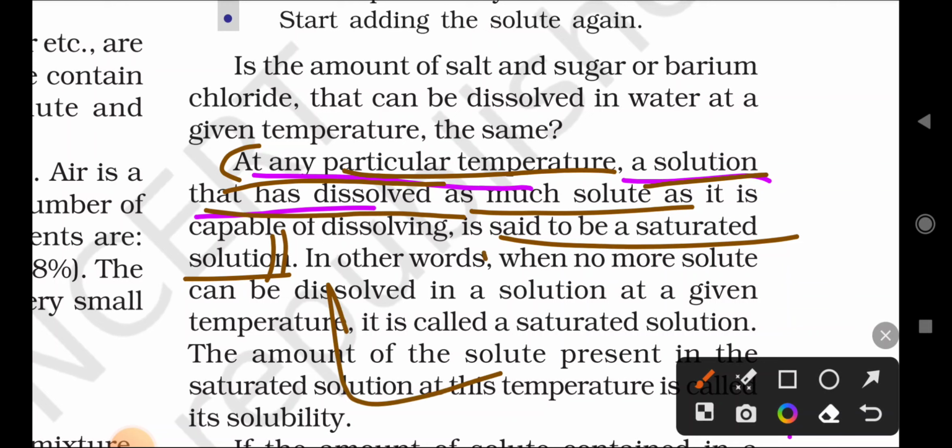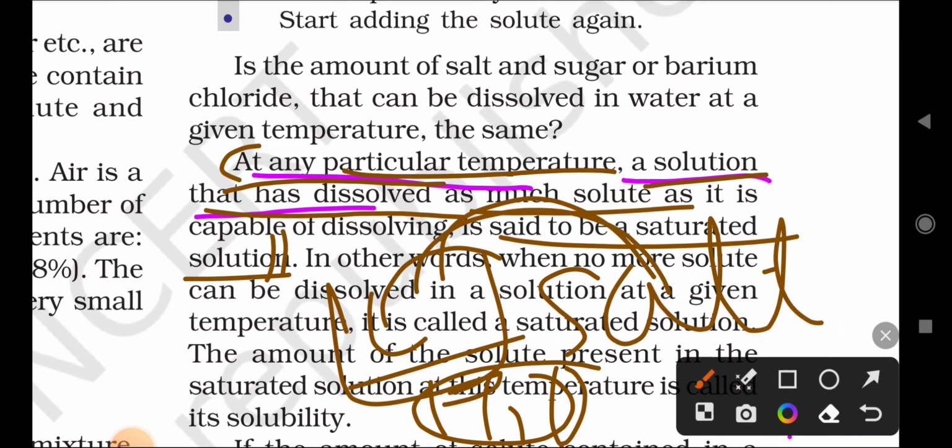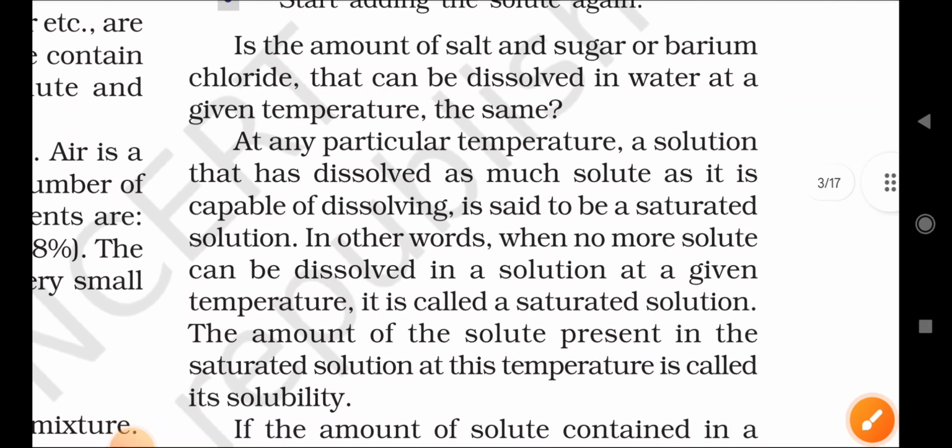For example, here water is there, correct? Water will dissolve salt up to its capacity, and the amount of salt we add within that capacity will dissolve. That is called the saturation level or a saturated solution.